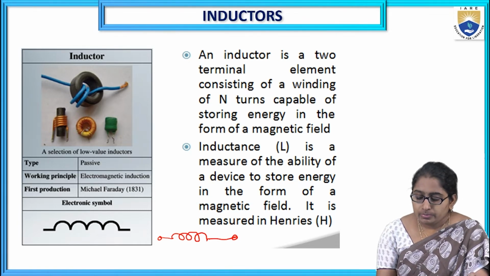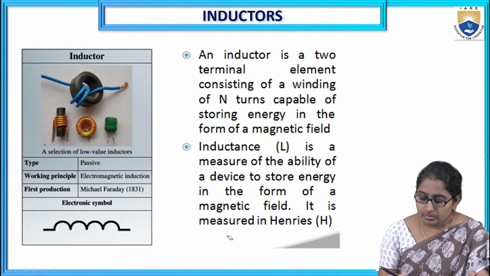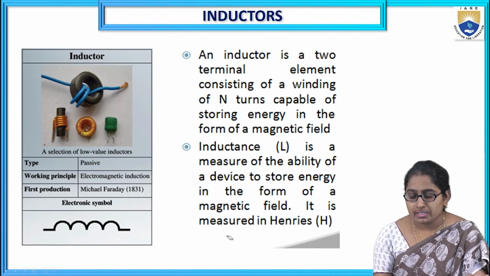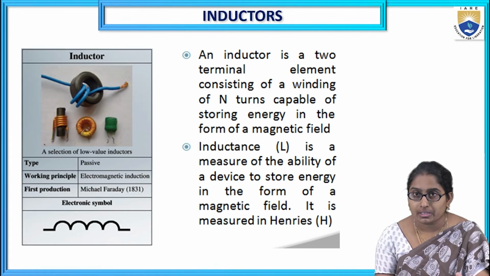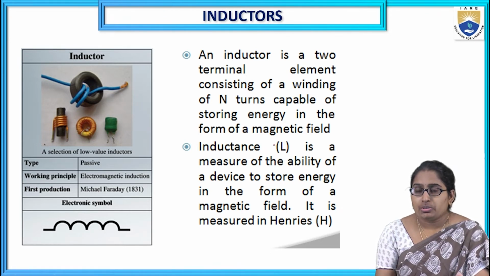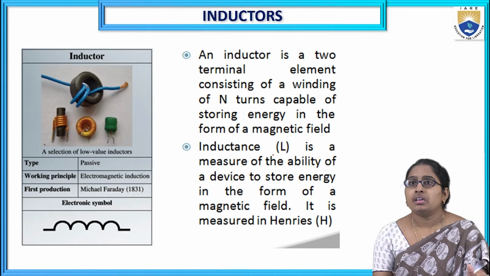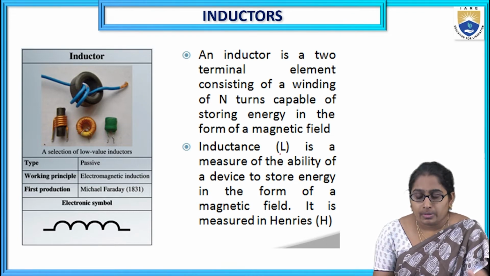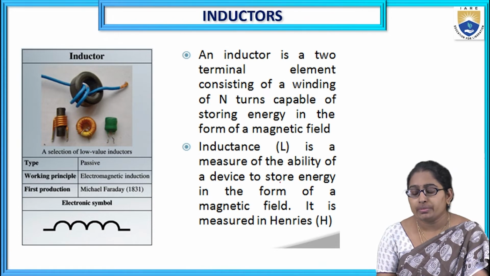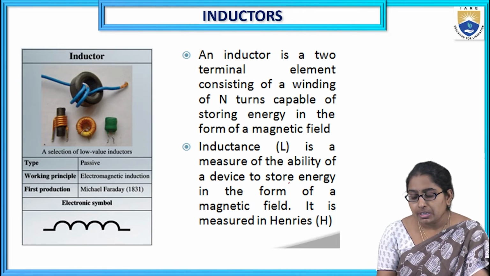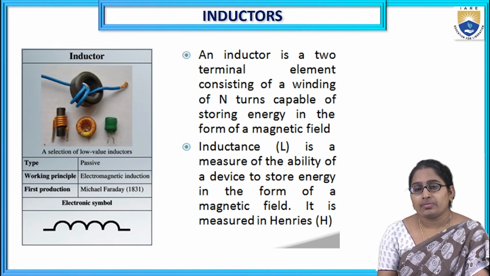Now look at the right side, the second point: inductance is denoted with L. The inductor has the property of inductance, denoted with the capital letter L. It is defined as a measure of the ability of the device to store energy in the form of a magnetic field.